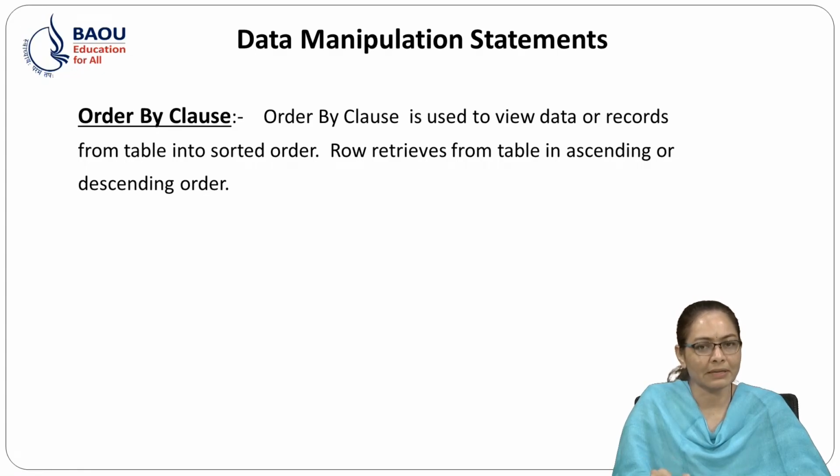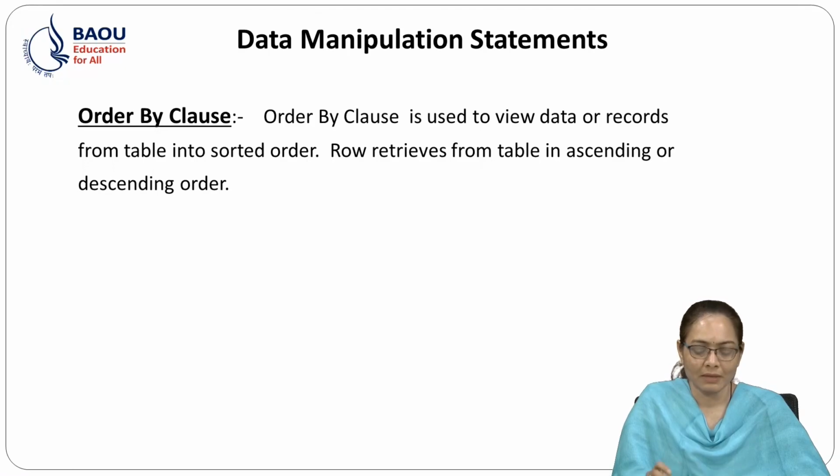For example, in the student table, there are 1 to 100 records. So if we display them in ascending order, 1, 2, 3, 4, 5, 6, 7, like that, then the order by clause is used. If we display the records like 10, 9, 8, 7, then the descending clause is used with the order by clause.